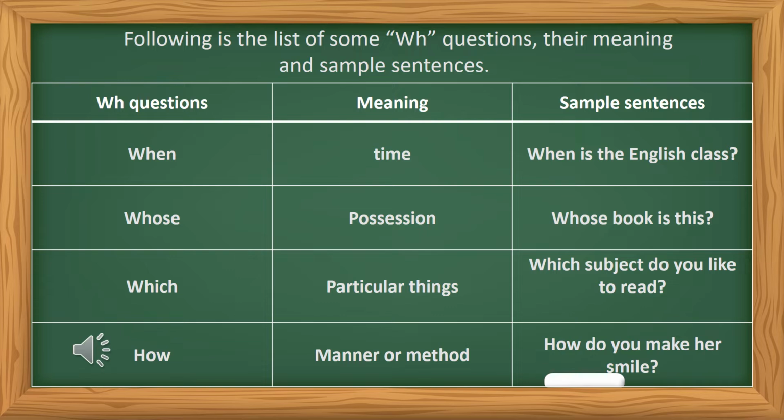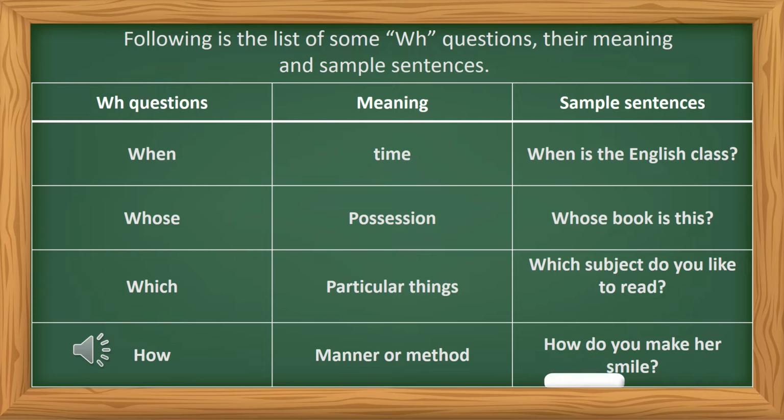Then we can see how. We use how to ask about people, events, and manner or method or the way things are done. For example, how do you make her smile? I can make her smile by giving her ice cream. So this is a method. Giving her ice cream makes her smile.